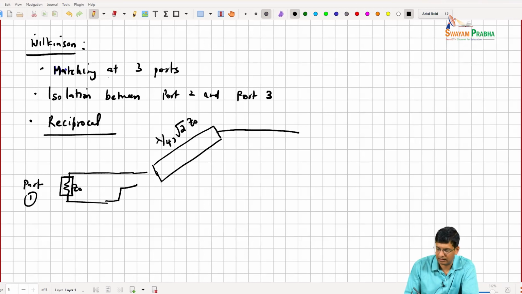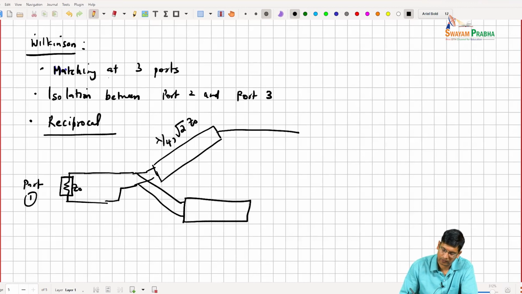And then I have another transmission line, which is lambda over 4, square root of 2 times Z naught, right?